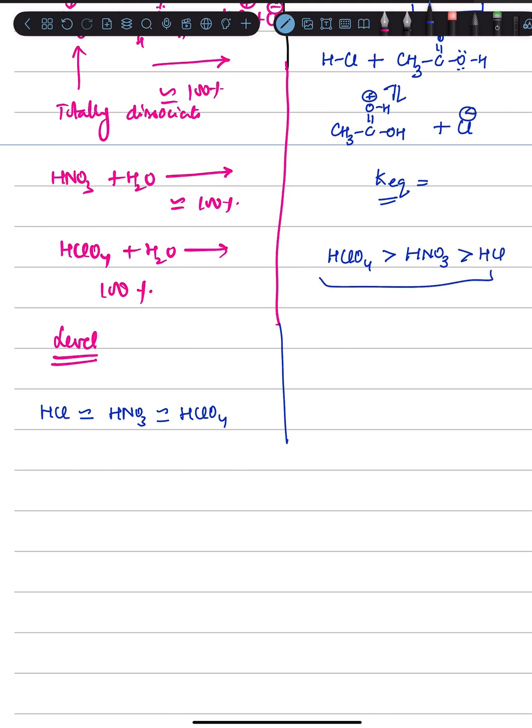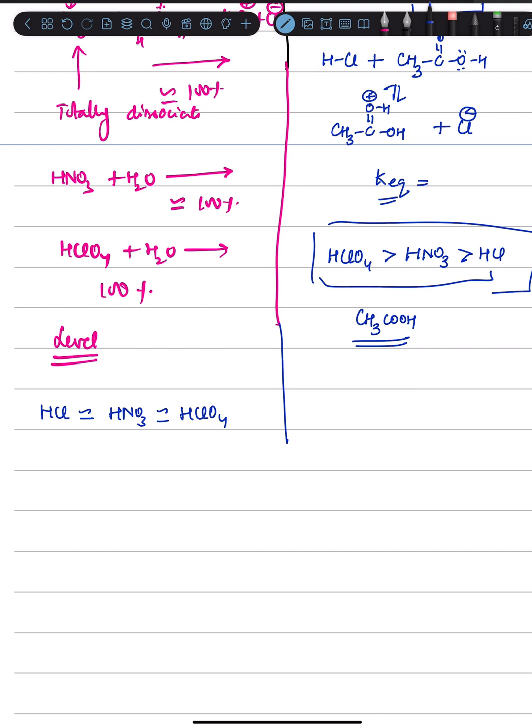This is when they are dissolved in acetic acid, which is a weak base in comparison to water. It means all of the three, which were at the same level in water, were not actually having the same acid strength. Their relative acid strength in acetic acid is this.